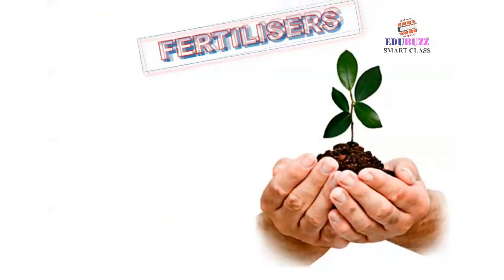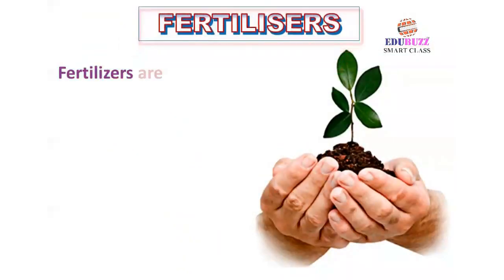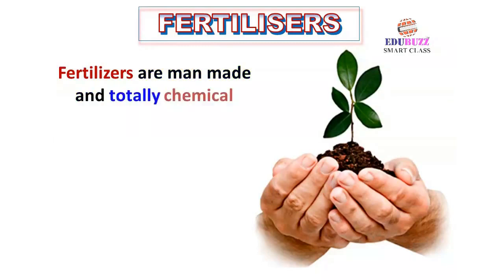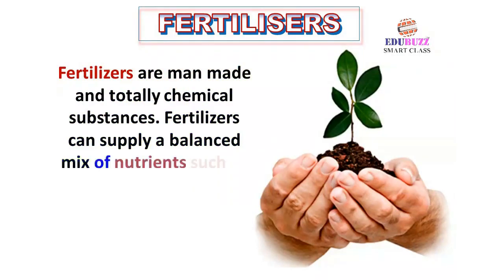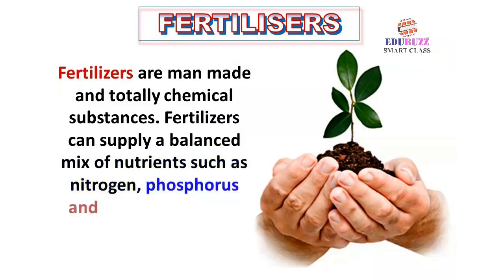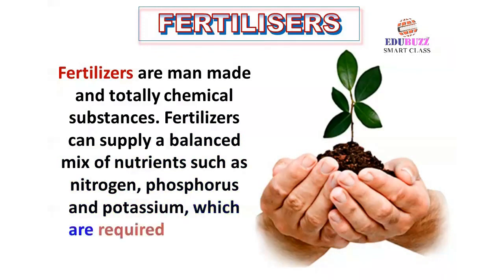Fertilizers. Fertilizers are man-made and totally chemical substances. Fertilizers can supply a balanced mix of nutrients such as nitrogen, phosphorus, and potassium, which are required by crops.